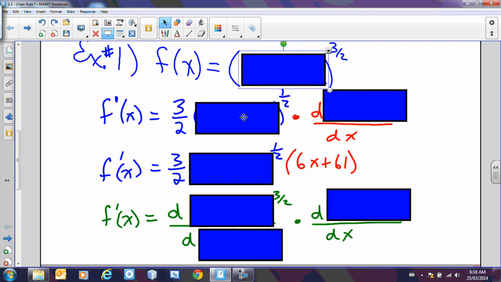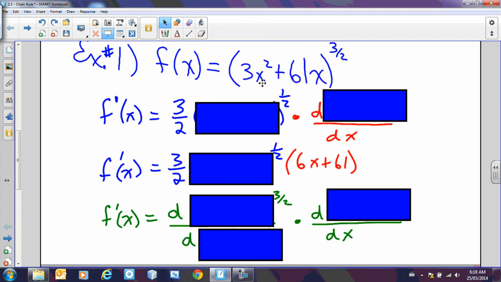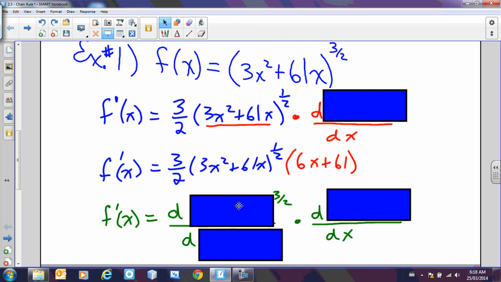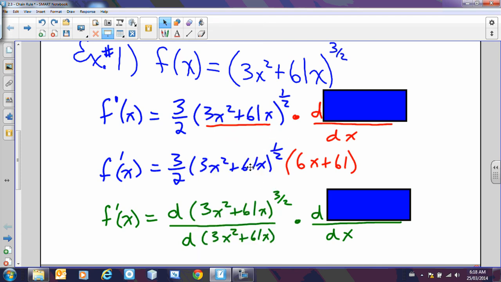And then, oh yeah, I haven't yet dealt with that unknown, so let's deal with that unknown now, right over here, with respect to the value x. And then it turns out that what's under the boxes is 3x squared plus 61x. But regardless of what that was, this term would have just continued on through in all cases.